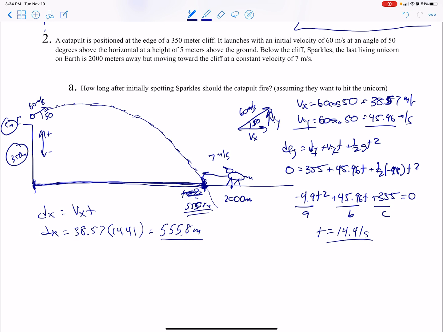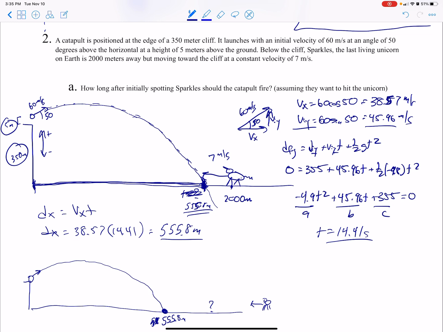So I'm going to redraw this a little bit, just down here, so you can conceptually get the idea. That if the boulder's going to hit right here at 555.8 meters, and the unicorn is somewhere over here, then when a unicorn is somewhere around here, let's say, then we pull the trigger, and this thing and the unicorn will hopefully be in the same spot at the same time.